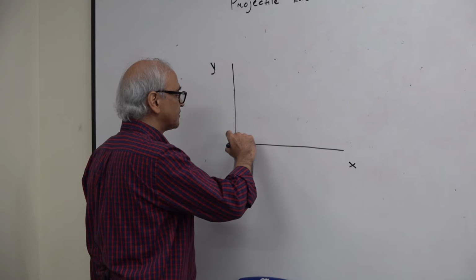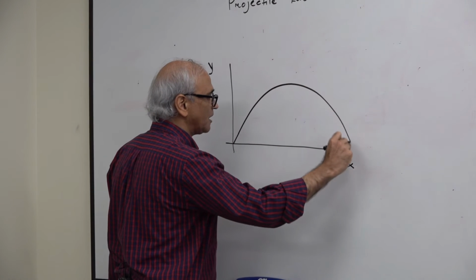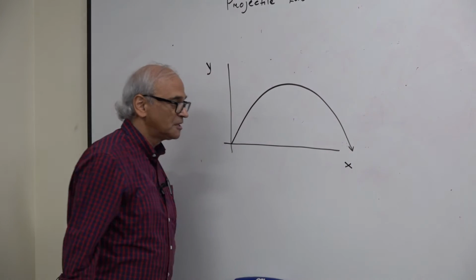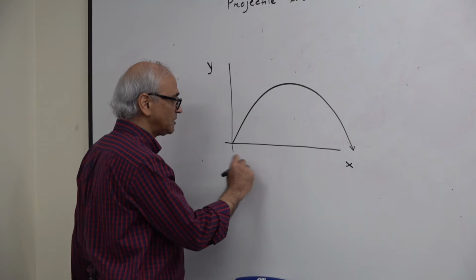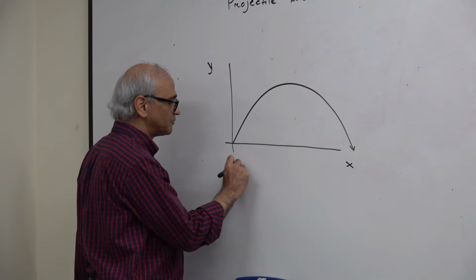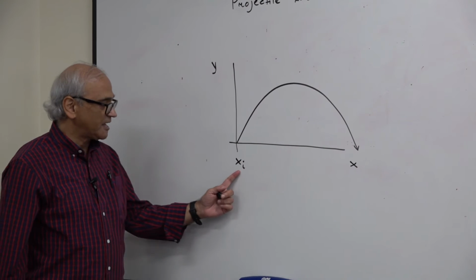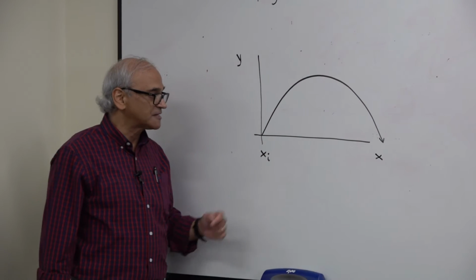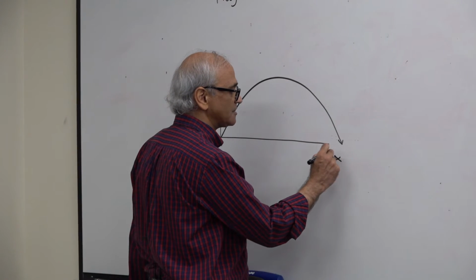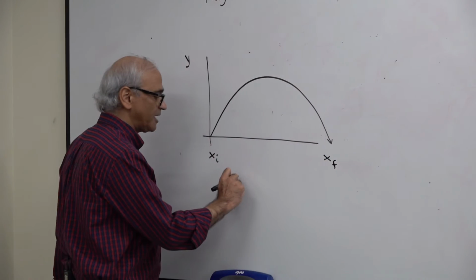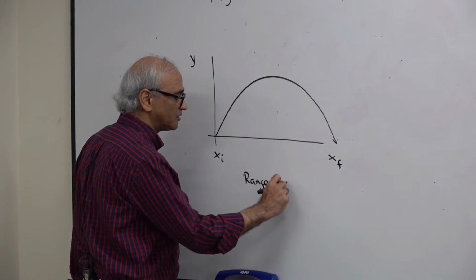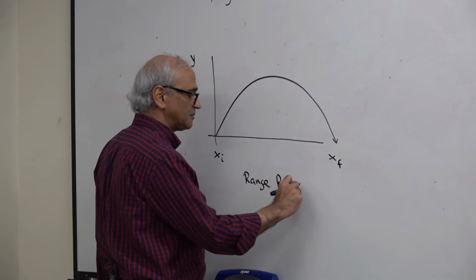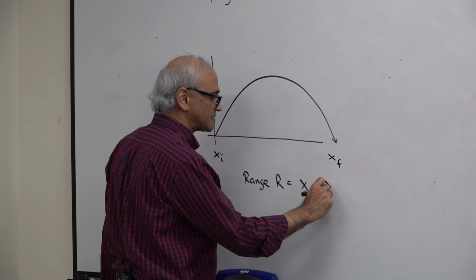And the ball will go up and will come down at a particular position on the x-axis, and we call this one the range. If we designate our initial position as xi and the final position as xf, then the range r will be calling it as simply xf minus xi.